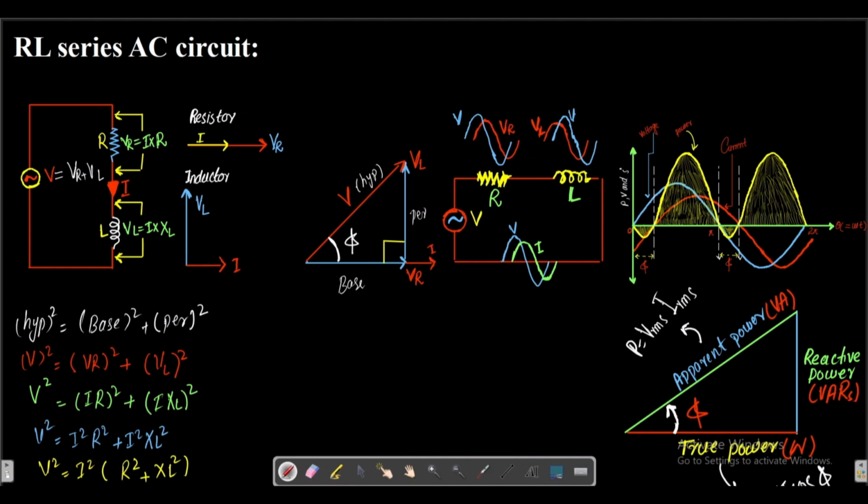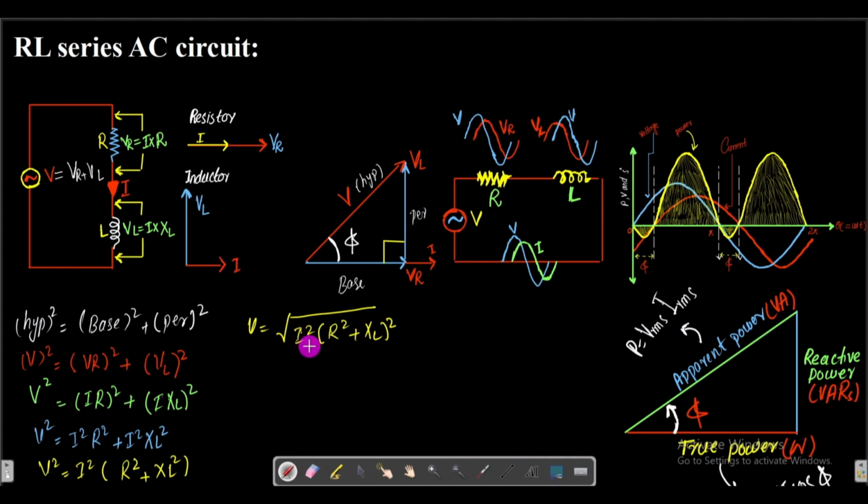The square root of this will be equal to V, and on that side it will remain I square and R square plus XL square.